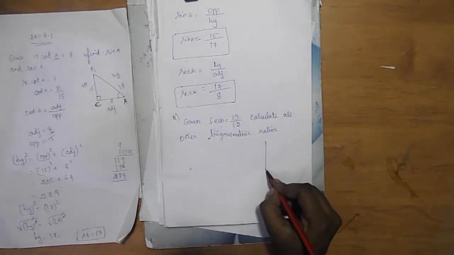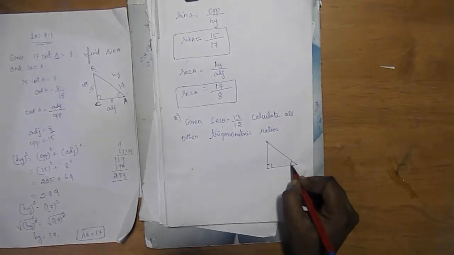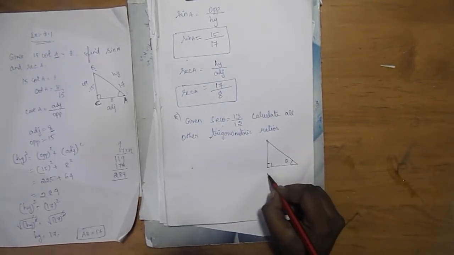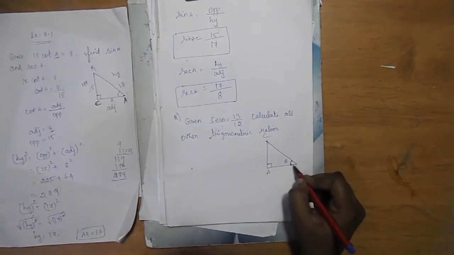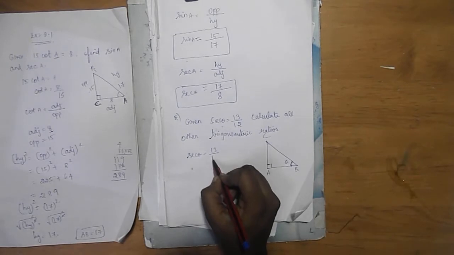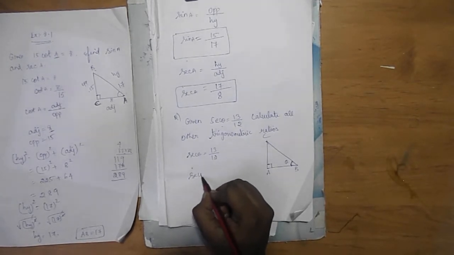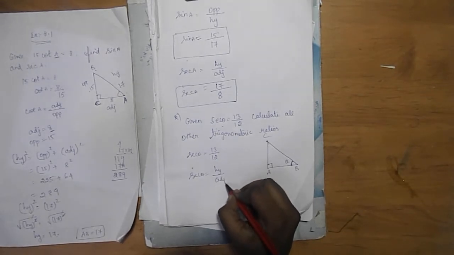So first we will draw the right angle triangle in 90 degree. This is theta. So put the names A, B and C. So theta placed here. So secant theta equal to 13 by 12. We know that secant theta equal to formula hypotenuse by adjacent.